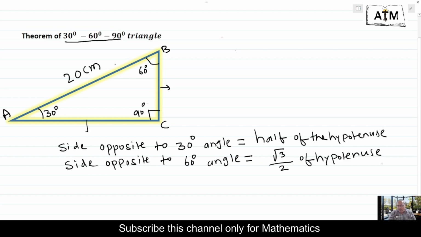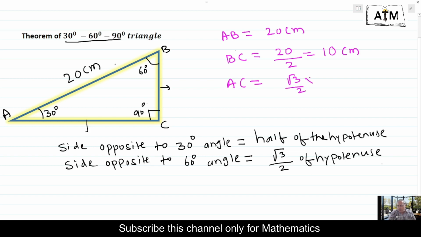Here AB is the hypotenuse. AB equals how much? 20 centimeter. And if you wish to find out the side opposite to 30 degree, that is BC. BC equals half of the hypotenuse, that is 20 centimeter. So BC is equal to 10 centimeters. Now you will ask me what is the length of AC. So length of AC equals √3/2 into length of hypotenuse, that is 20 centimeter.